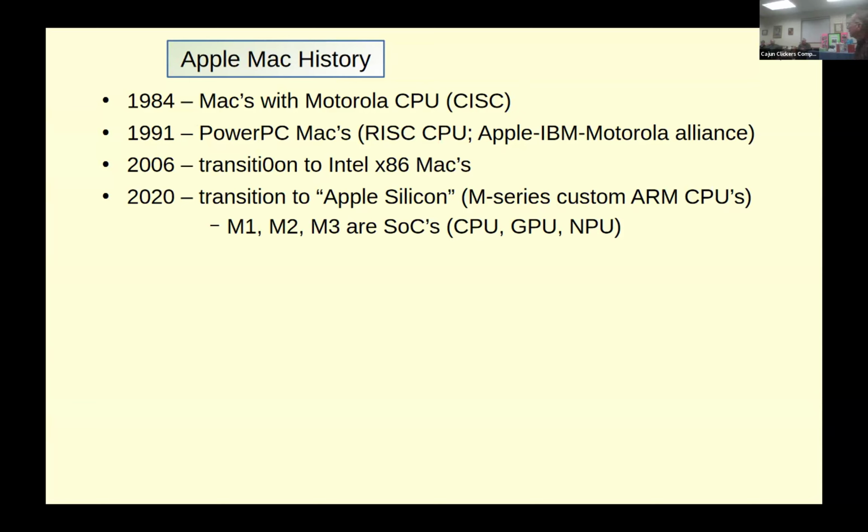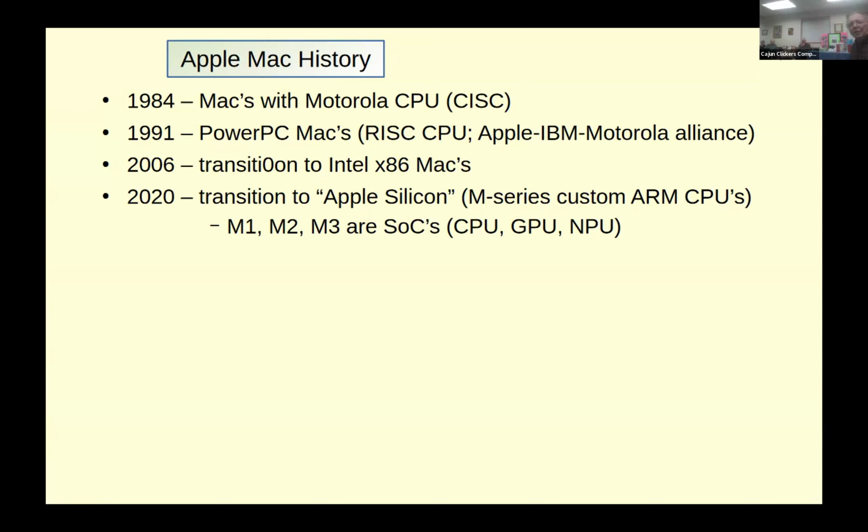When they came out with Macs, they had a CISC from Motorola. Motorola was their guy rather than Intel. Well, Motorola couldn't make a 32-bit work very well, so they designed their own between Apple, IBM, and Motorola. They made the PowerPC. They also started giving venture capital to the ARM company. They've been dealing with the ARM company since the 90s.